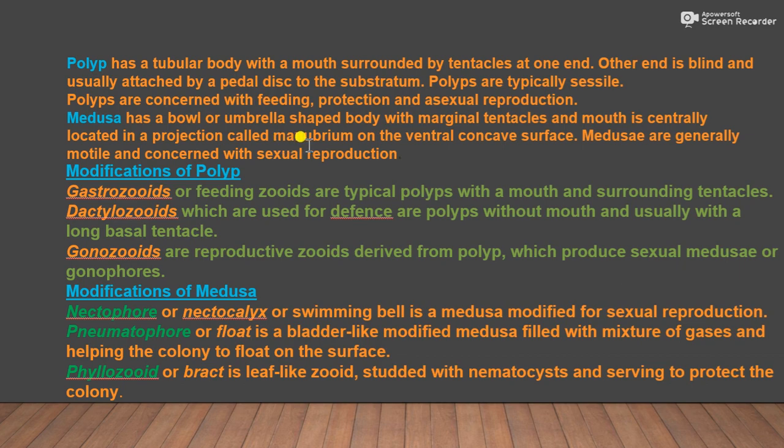This manubrium is present on the ventral concave surface. Medusae are generally motile. Polyps are not motile, but medusae are generally motile and concerned with sexual reproduction. Polyps are concerned with asexual reproduction and medusae with sexual reproduction.